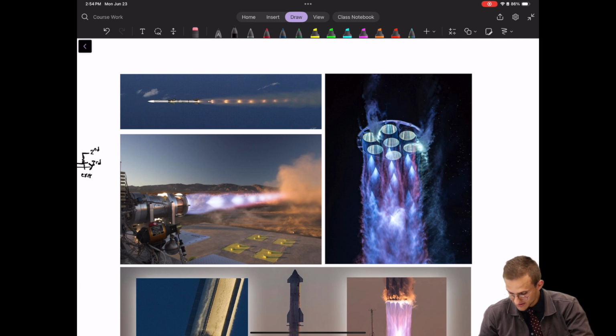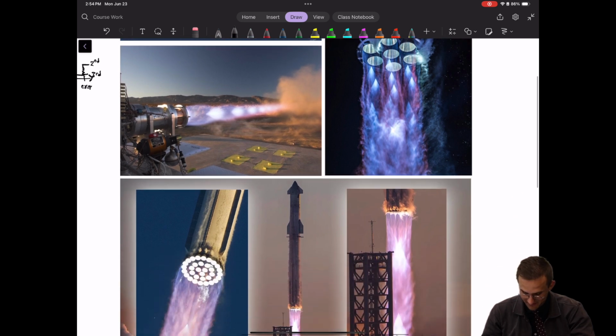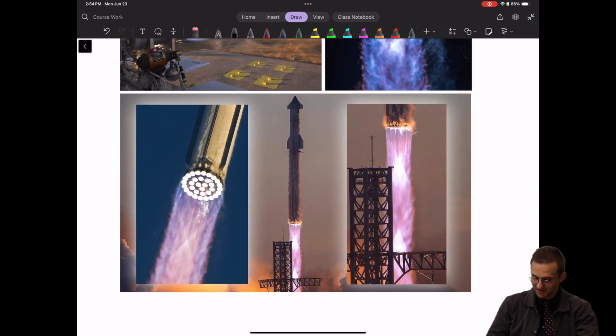And then on the right, you can see a bunch of engines with a really, really sharply defined, at least first cycle of the Mach diamond structure. I think that's a Blue Origin launch. And then one of my favorites is actually Starship when it launches.